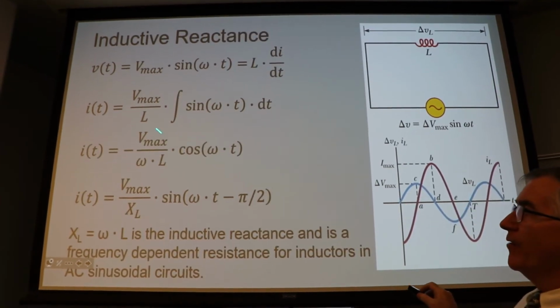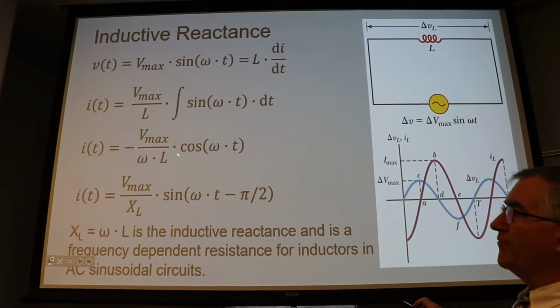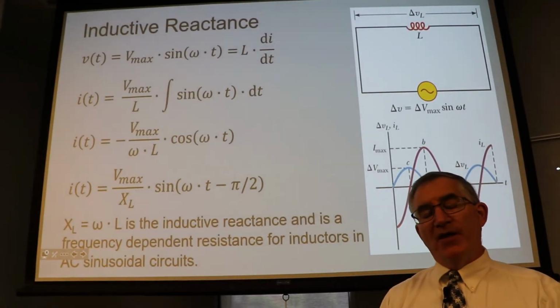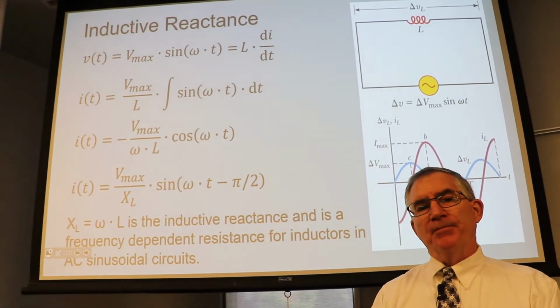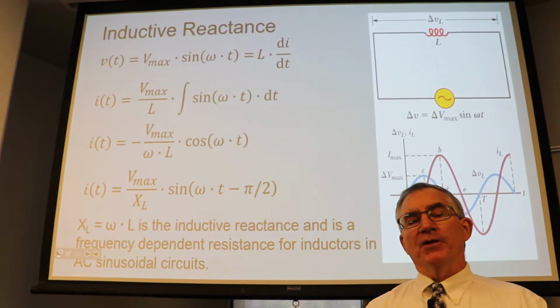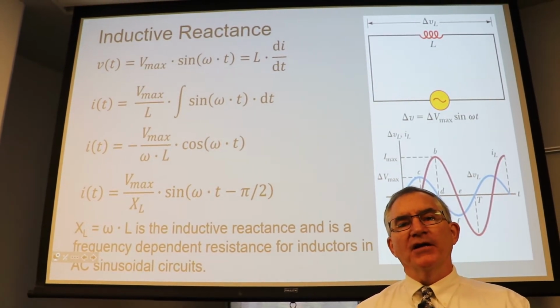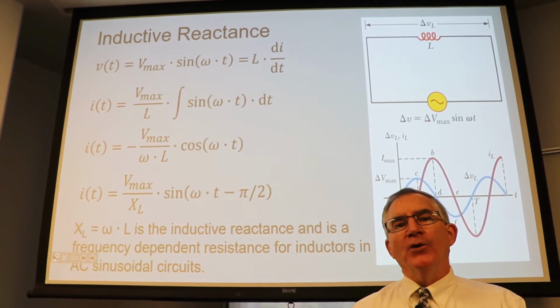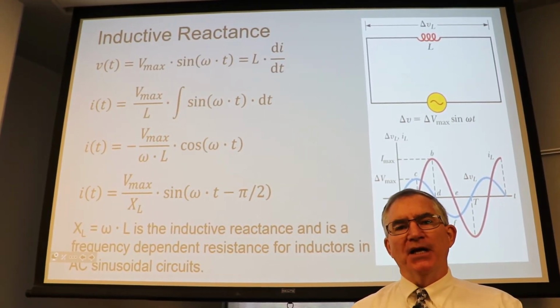Okay, so over here we got our voltage divided by the frequency times the inductance. So that's acting like a resistance. So the higher the frequency, the bigger the inductive reactance, the inductive resistance. It depends on the frequency.